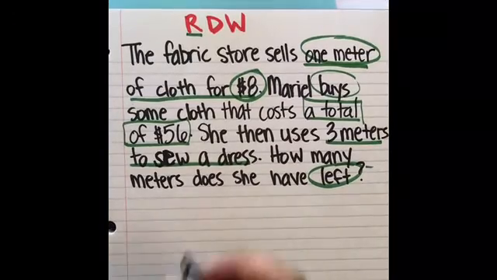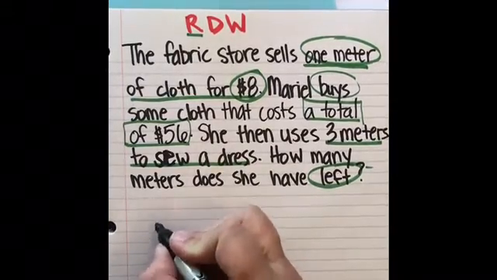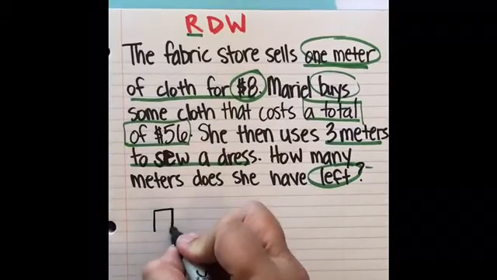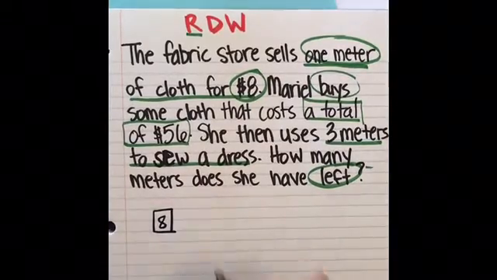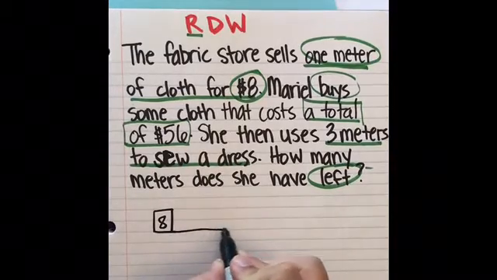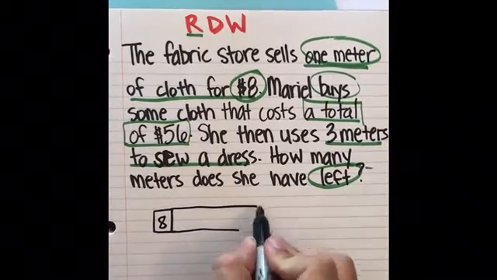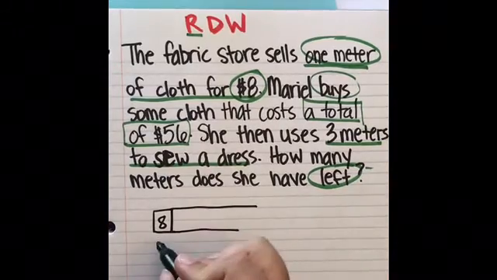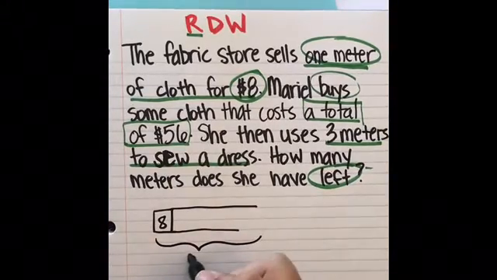All right, so I know that 1 meter of cloth, so one group, is $8. I know that she buys enough meters so that she ends up spending $56.